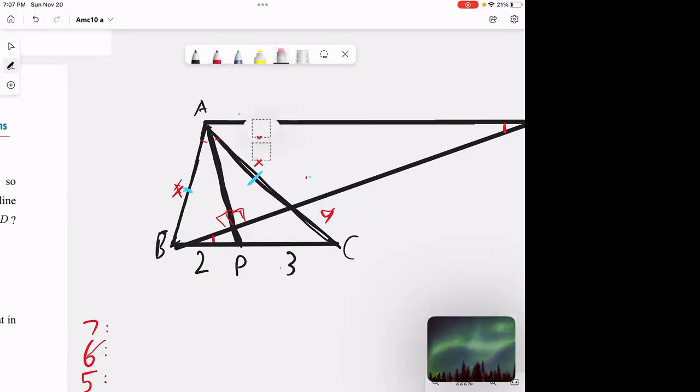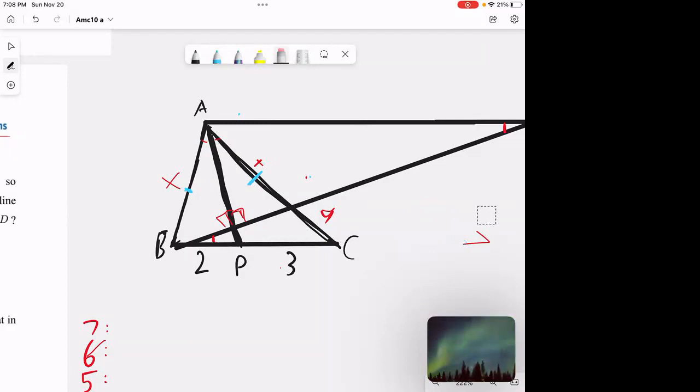So now we can use the angle bisector theorem, which is a theorem that you should memorize for competitions. It basically dictates that for any triangle with an angle bisector, the ratio of this one to this one is the same as the ratio of this one to this one.